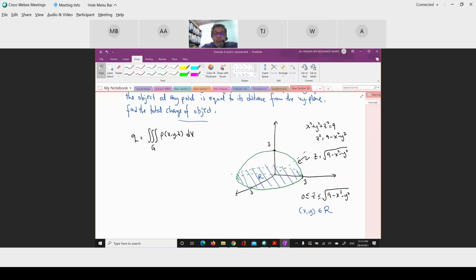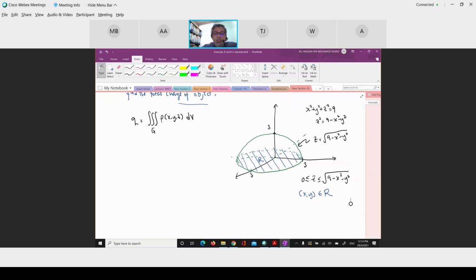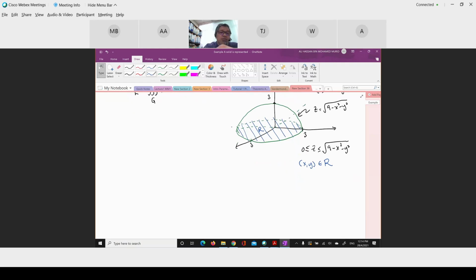So what is the bound for x and y? It is circular. Remember, if the region is circular, what is the suitable coordinate system?